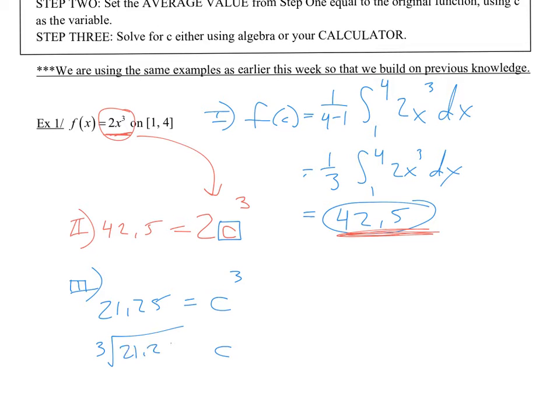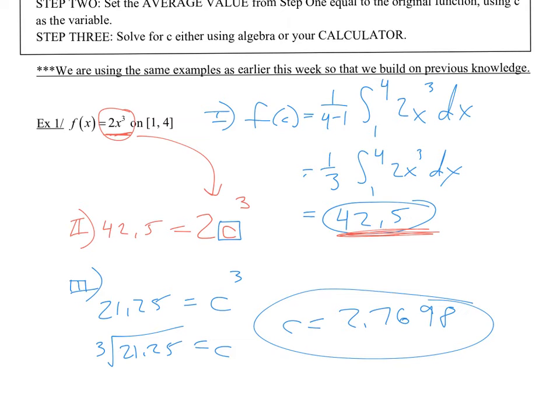So the cube root of 21.25, which is 2.7698, that would be my c value. Now here's what's important. This value will be between those two numbers. So sometimes you'll get extraneous solutions, but you're guaranteed to get at least one solution that falls over the interval. So 2.76 is definitely between 1 and 4.